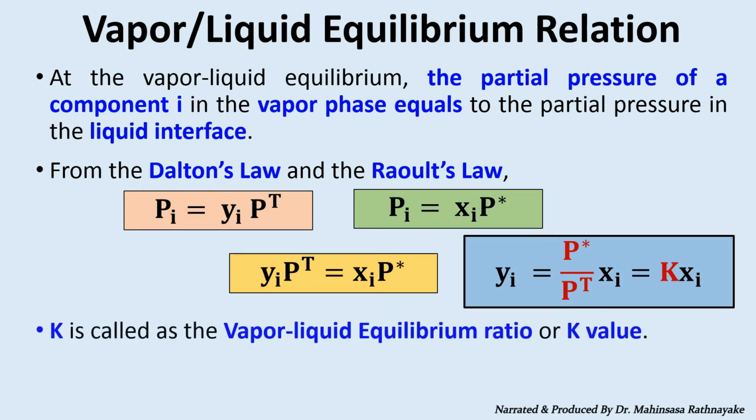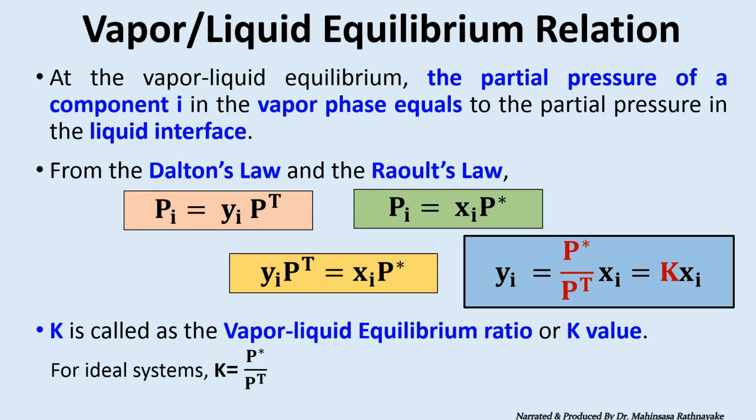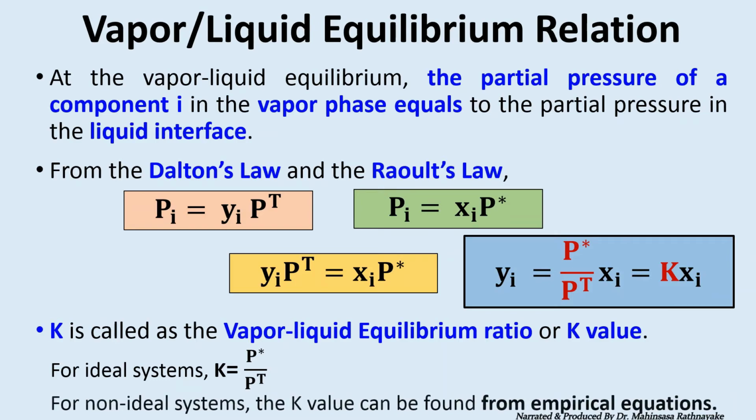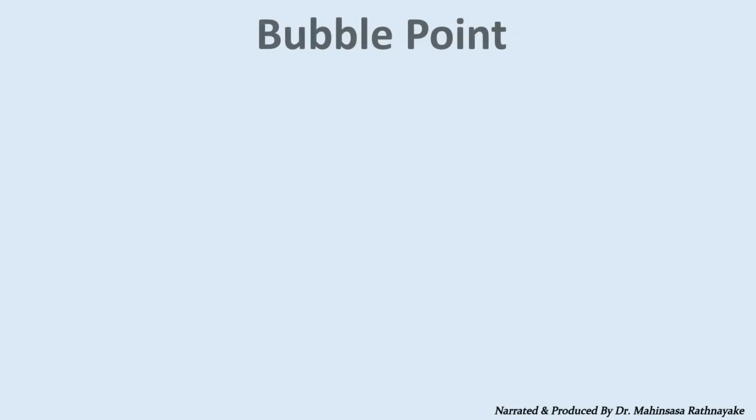The ratio between the vapor phase mole fraction and liquid phase mole fraction, represented by capital K, is called the vapor-liquid equilibrium ratio or K value. For an ideal system, K value is equal to vapor pressure divided by total pressure. For non-ideal systems, the K value can be found from empirical equations.